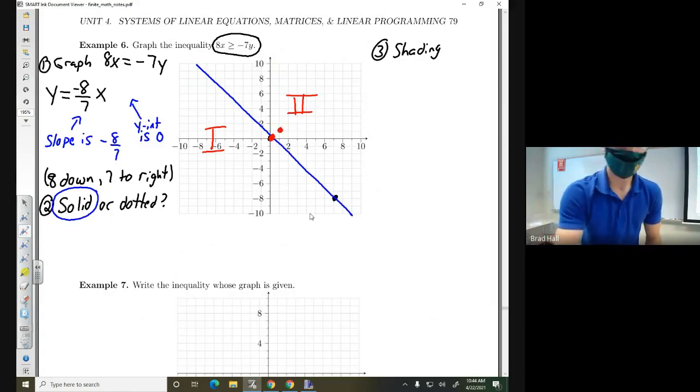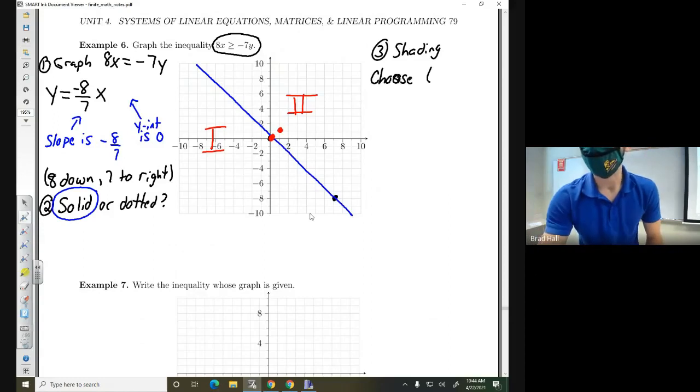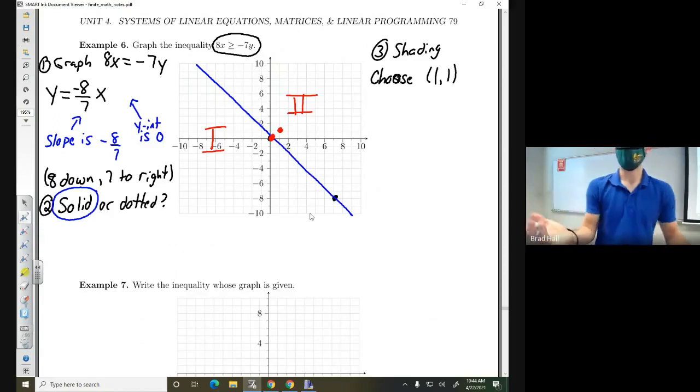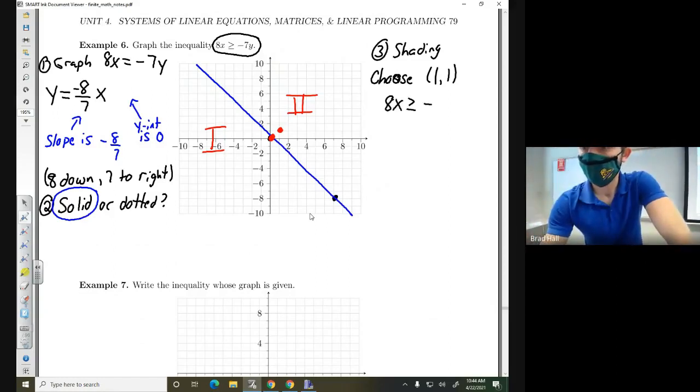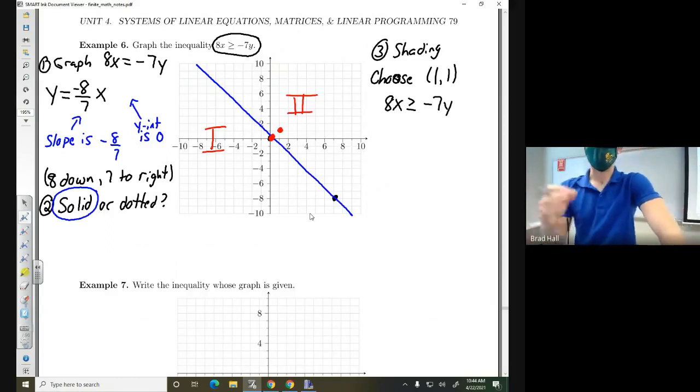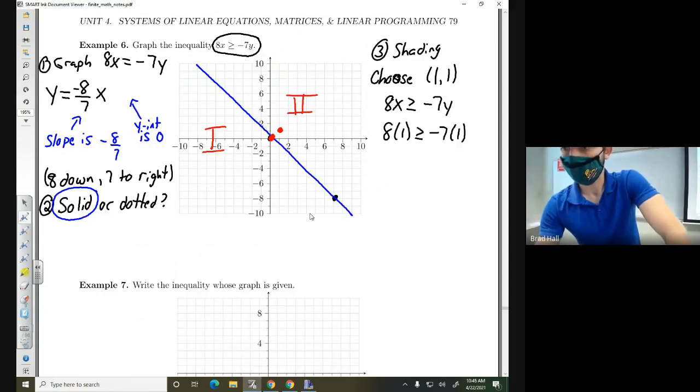I'm going to pick the point (1, 1). It doesn't matter which point you pick. Normally (0, 0) is the easiest one. So we're trying to determine, do we shade on the same side as (1, 1)? So is 8 greater than or equal to negative 7? That is true.